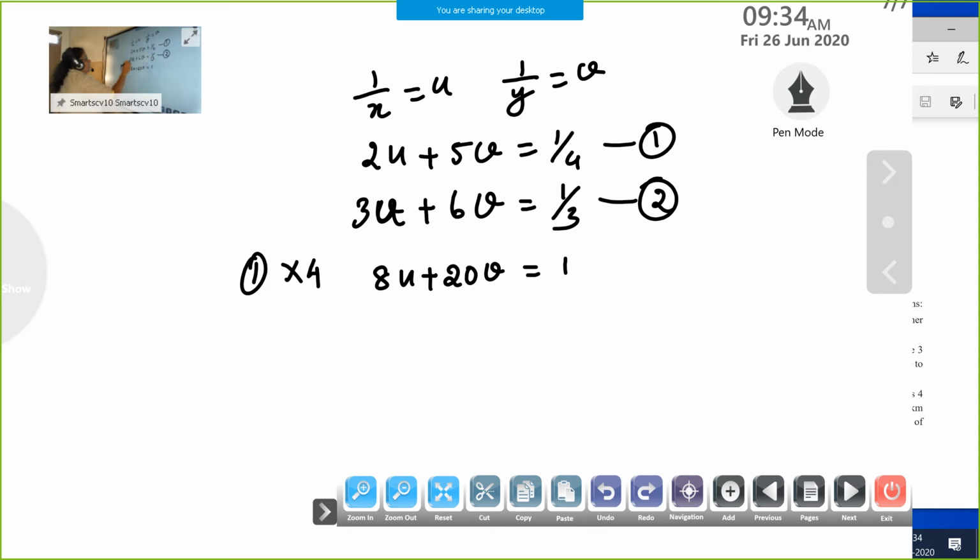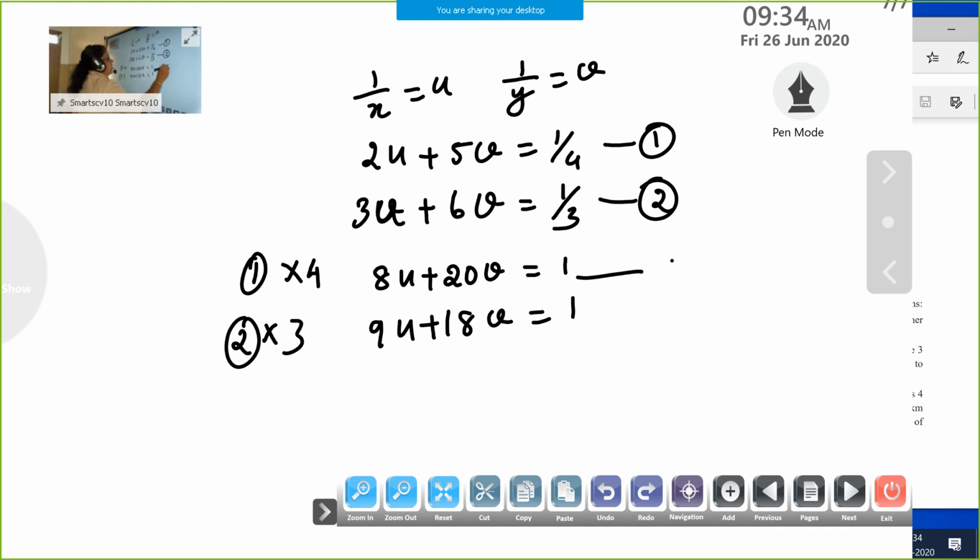That is 4 into 2 is 8, 5 into 4 is 20, and the right side is 1. Then second equation into 3, that is 9u plus 3 into 6, 18v is equal to 1. This is equation number 3. Equation number 4.